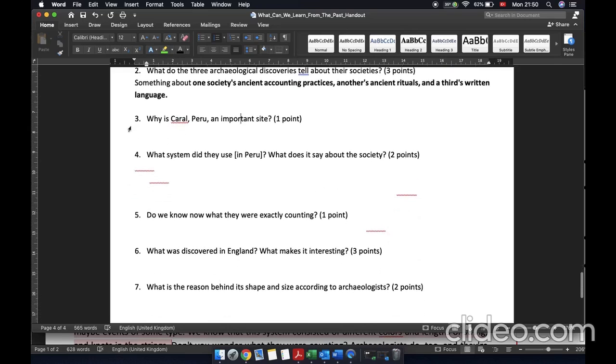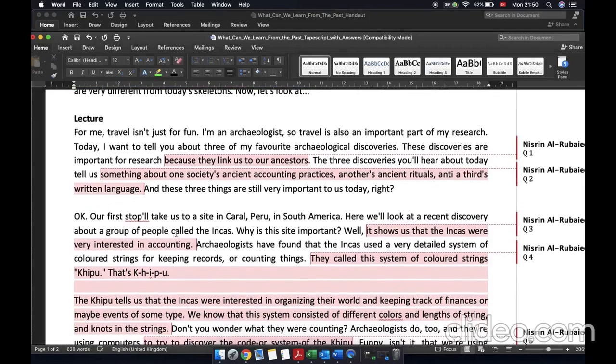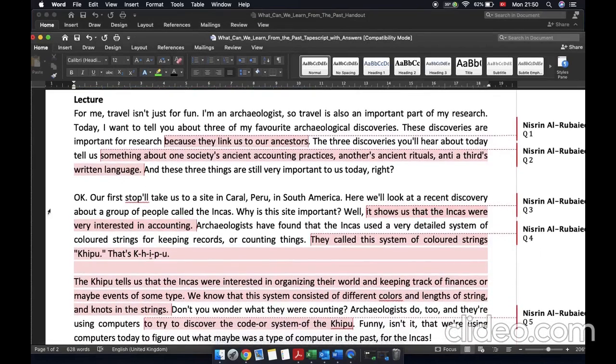And why is Caral, Peru an important site? Let's see it. Our first stop will take us to a site in Caral, Peru in South America. Here we will look at a recent discovery about a group of people called the Incas.